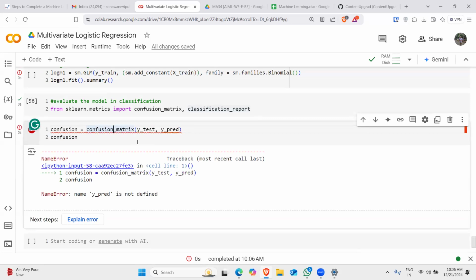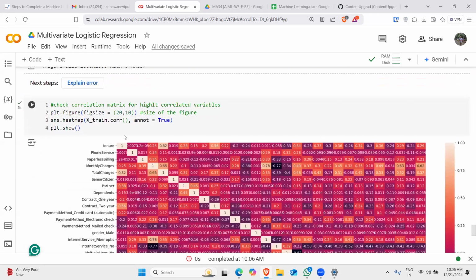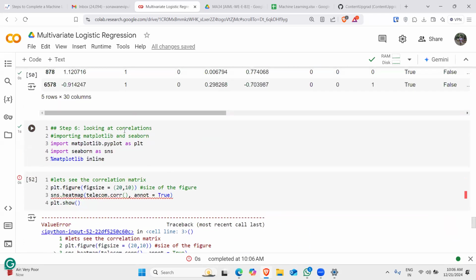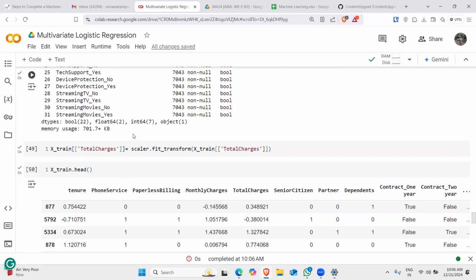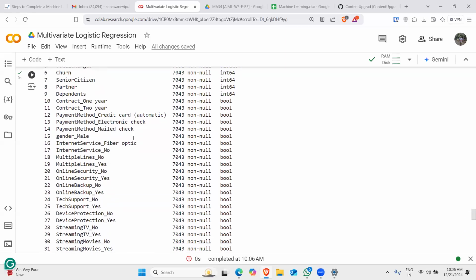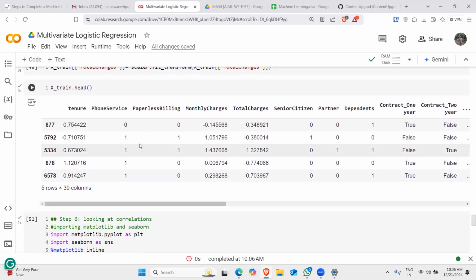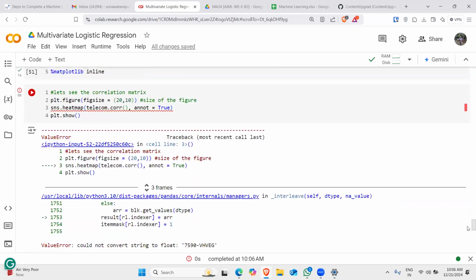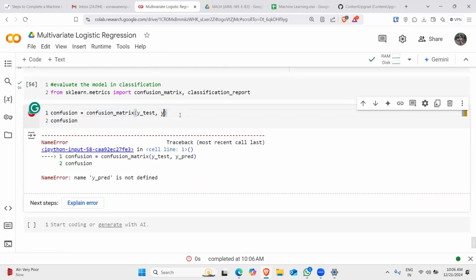What we have defined is y_train_pred. Confusion matrix of y_train_pred.